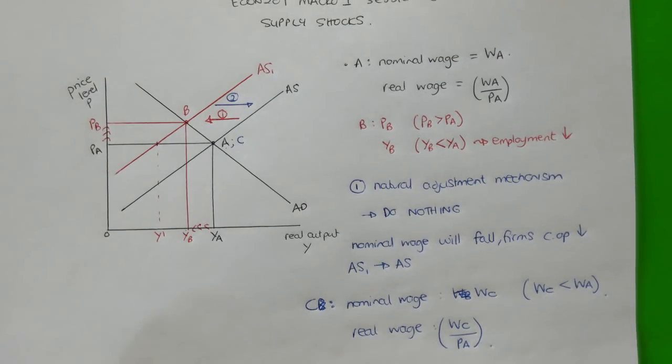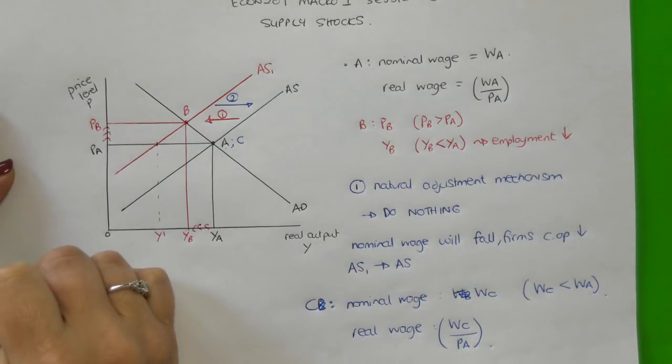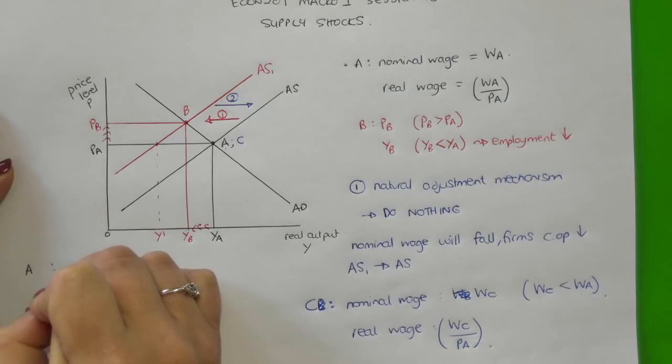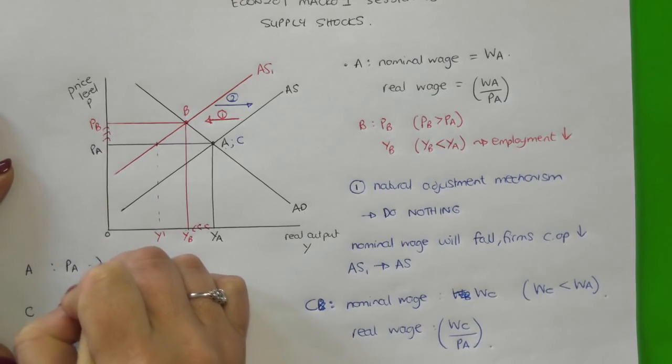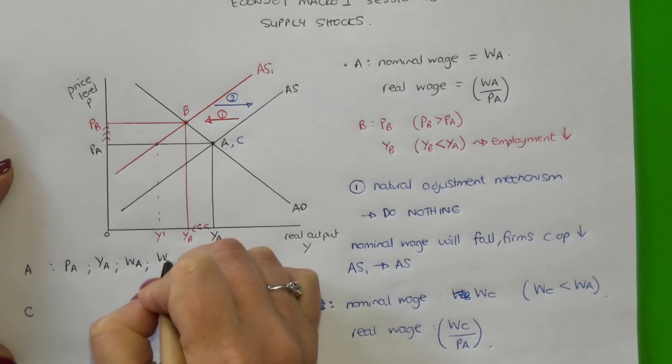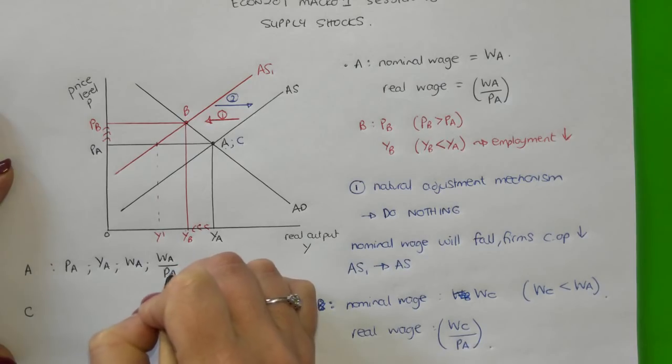So just as a quick summary, if we were to compare point A and point C, at point A, the price level is PA, the level of output is YA, the nominal wage is WA, the real wage is WA over PA.